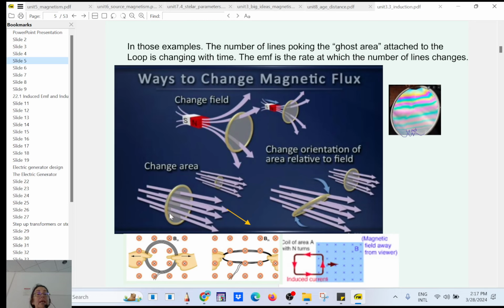You can also change the area. For example, here you have a large area, so you're going to have a lot of field lines poking through. If you decrease the area, what's going to happen to the number of lines poking through? It's going to be less. Does it make sense? You reduce the area like this.